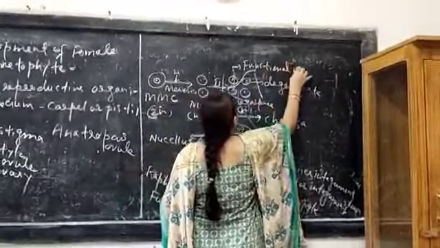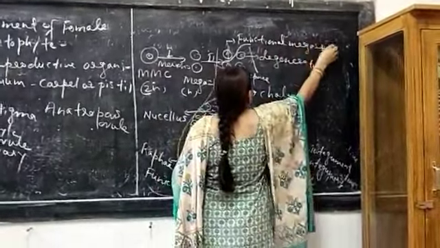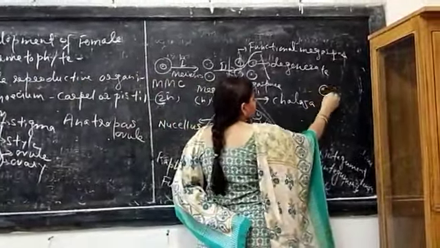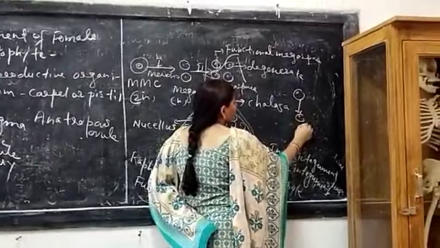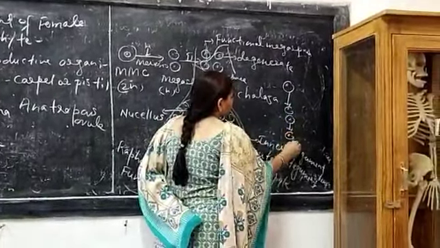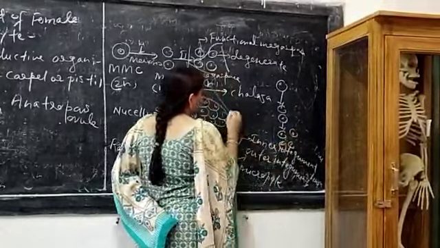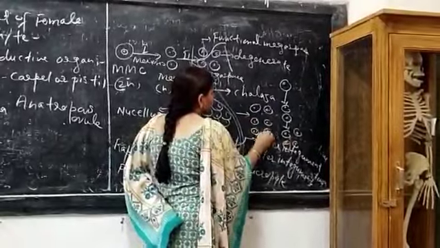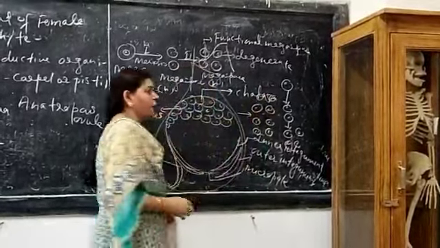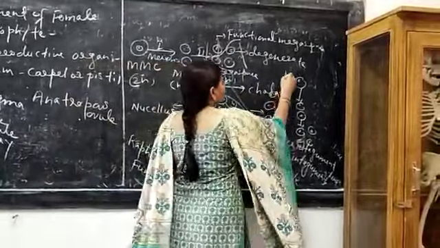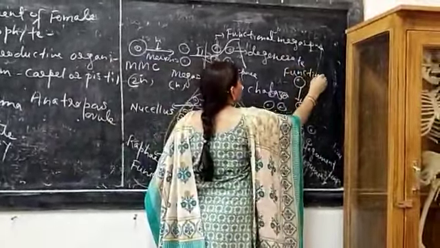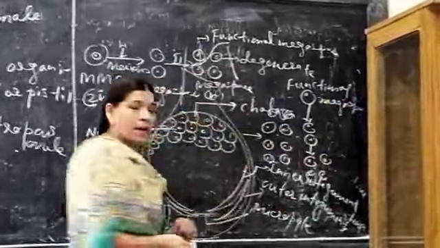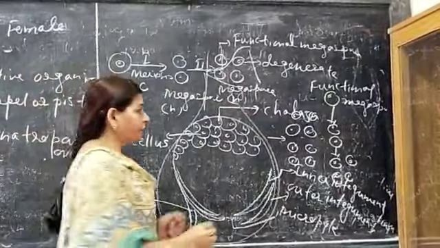This is the functional megaspore. This functional megaspore passes through three mitotic divisions.